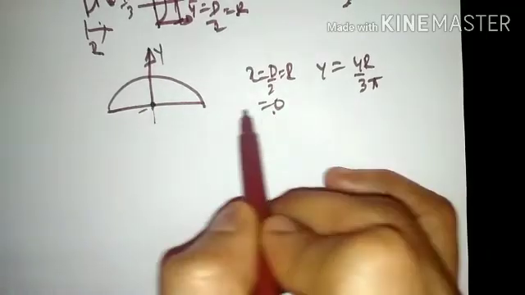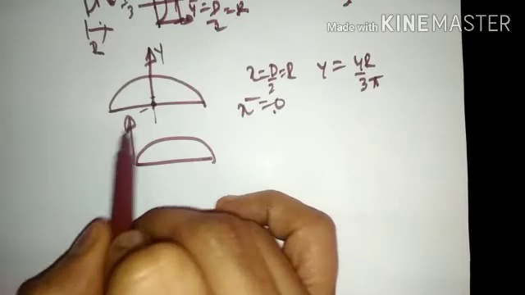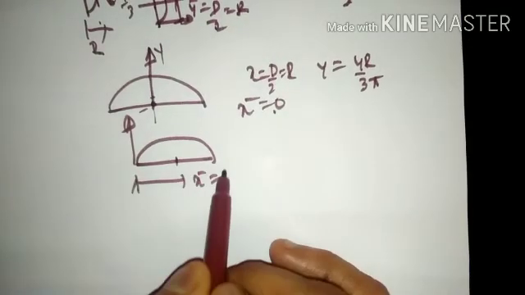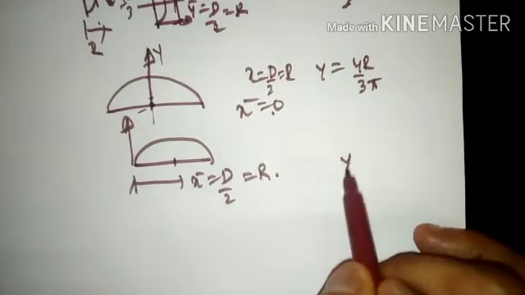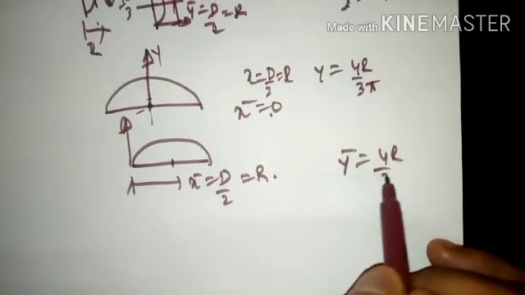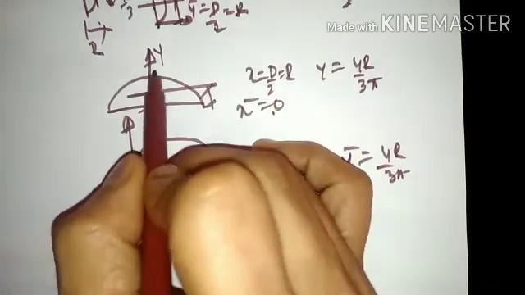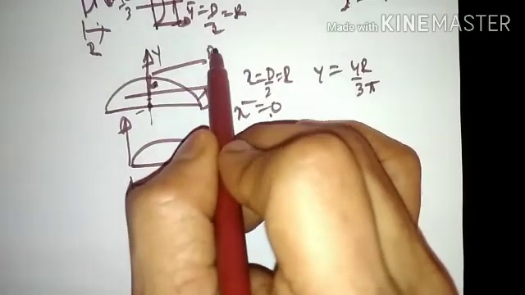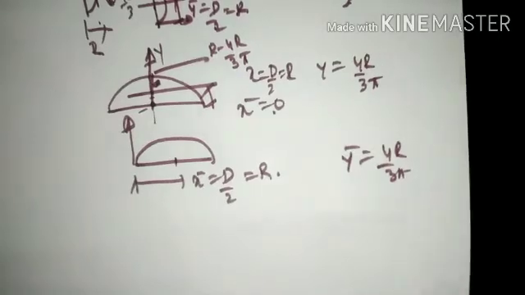If it has been located at the far away location from the center of the semicircle, then x bar would be d by 2 or r and y bar would be 4r by 3 pi. From the straight line it would be 4r by 3 pi. From the curved position, the centroid distance would be r minus 4r by 3 pi. So these were the formulas that we had derived in the previous session.